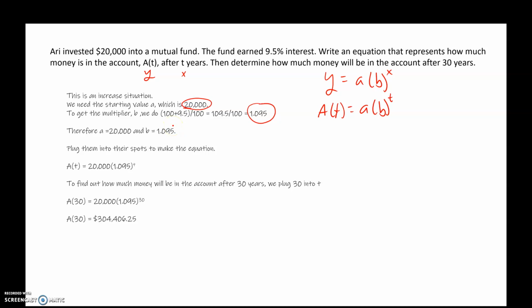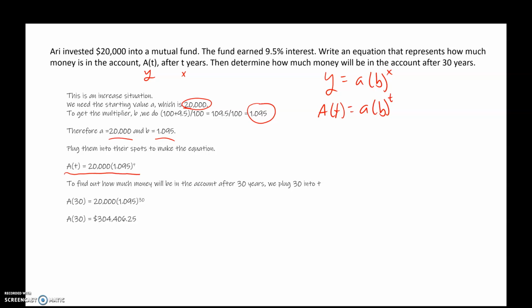So that's the a and b. Your a is 20K. Your b is 1.095. Look, if you've got that, the equation is pretty easy to write. So you do A(t) equals 20,000 times 1.095 with a t exponent. 20,000 in the a spot, 1.095 in the b spot.